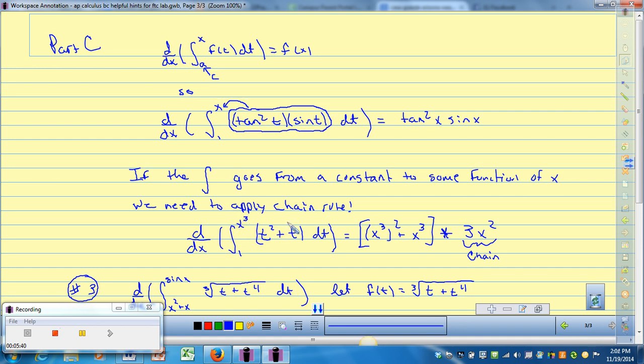It will still be this function evaluated at that function of x. So that's where we get x cubed squared plus x cubed times, this is where we need the chain rule. Since this is not simply x over here, we need to apply the chain rule, which is the derivative of the inside, which would be 3x squared.